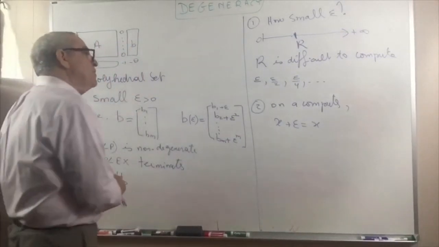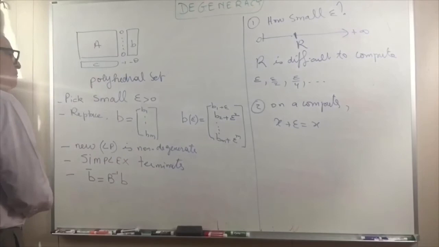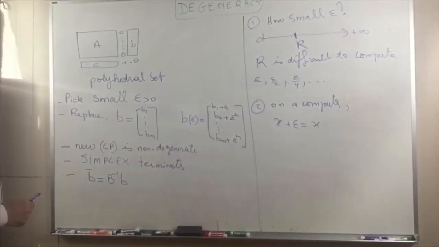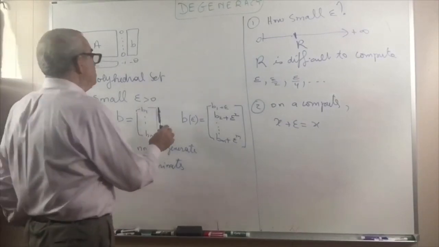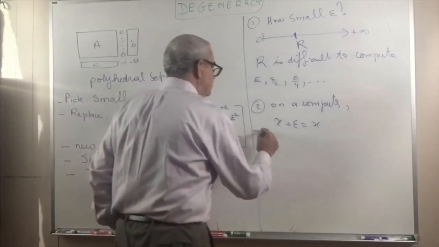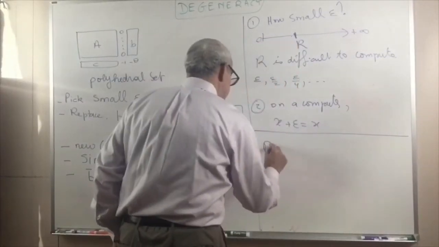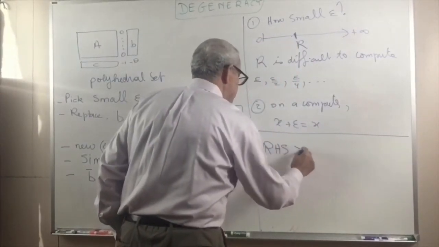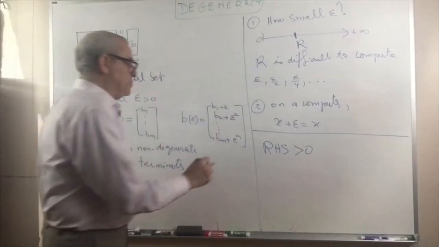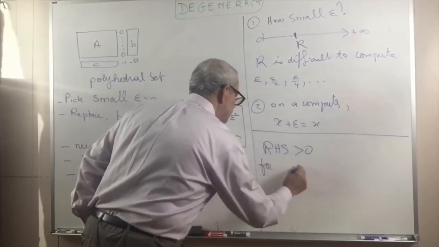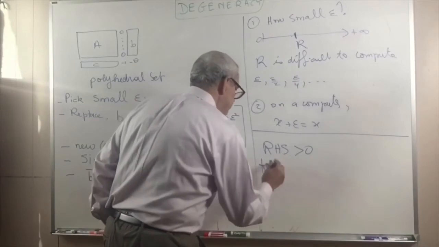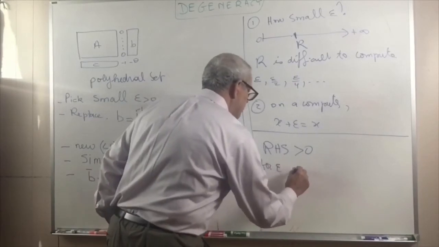So now the next question is, why give epsilon a value? All we need to make sure of is that the right-hand side is greater than 0 for epsilon near 0.